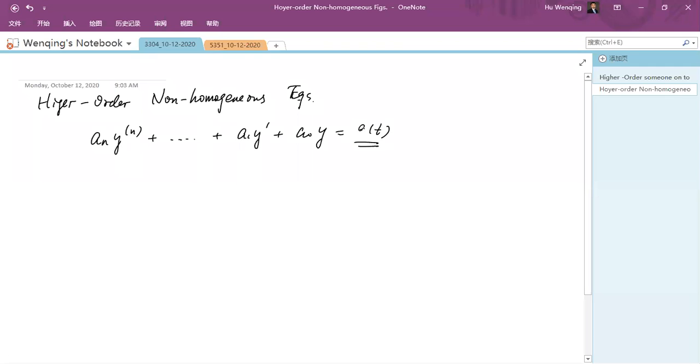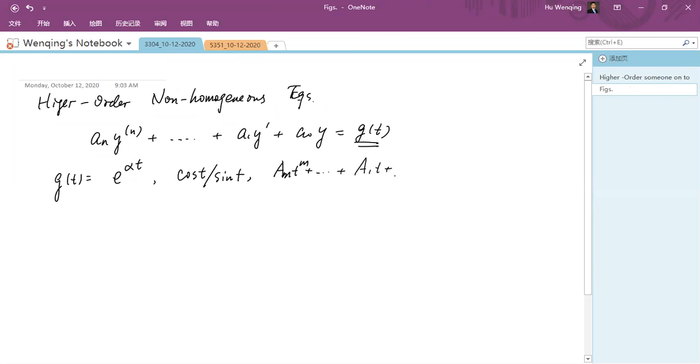Depending on the right hand side, g of t might be e to the power alpha t, or cosine t or sine t, or a polynomial, a m t to the power of m plus dot dot dot plus a1 t plus a0, or any combination of these.